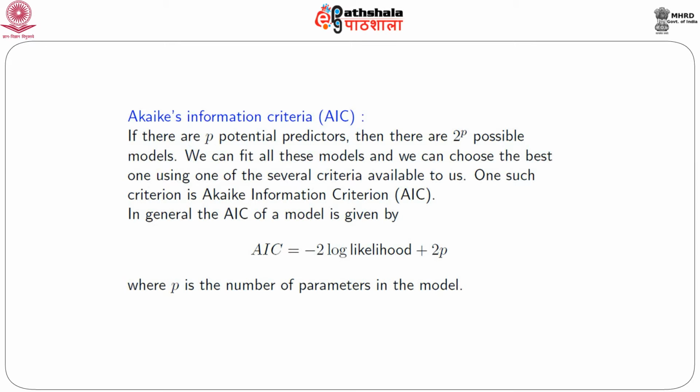In general, the AIC of a model is given by AIC equals negative 2 times log likelihood plus 2p, where p is the number of parameters in the model.